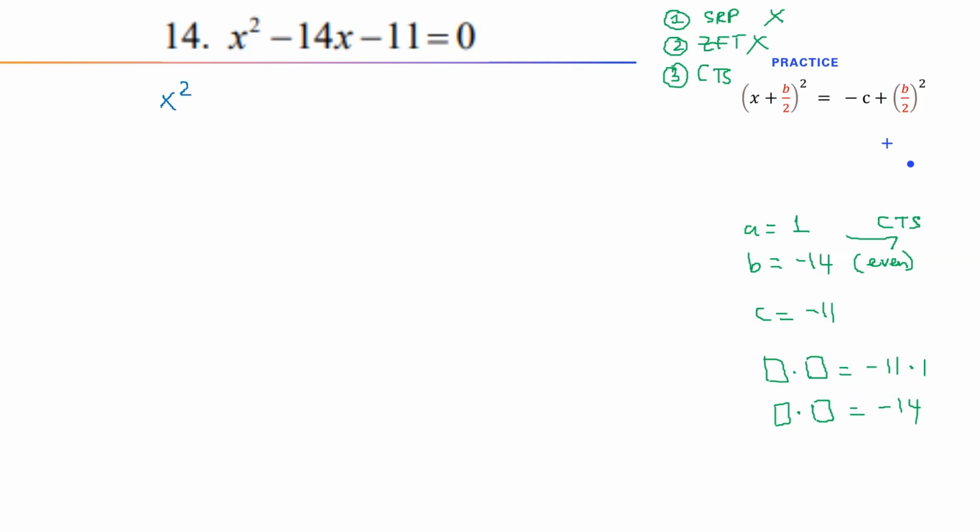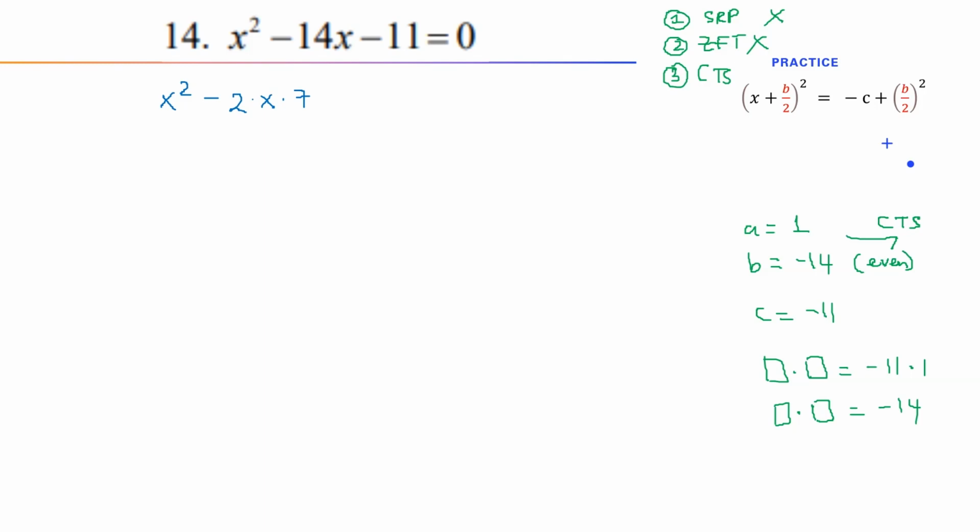x squared minus 2 times x times 7. Negative 2 times x times 7 is negative 14x, right?